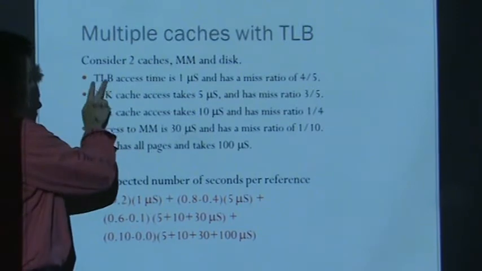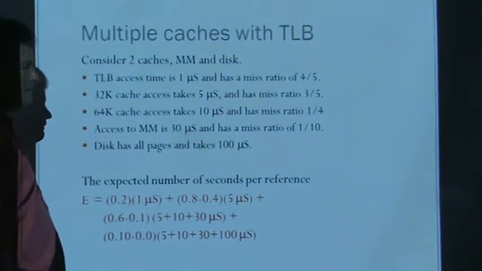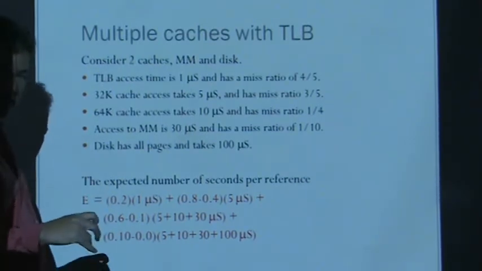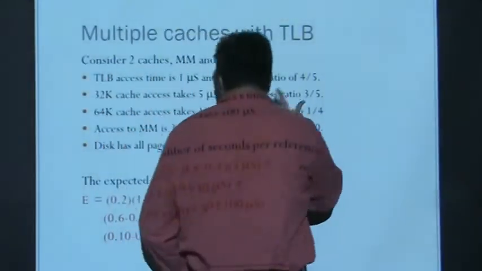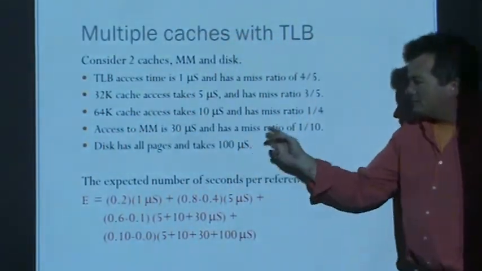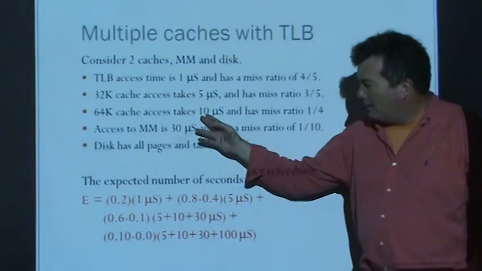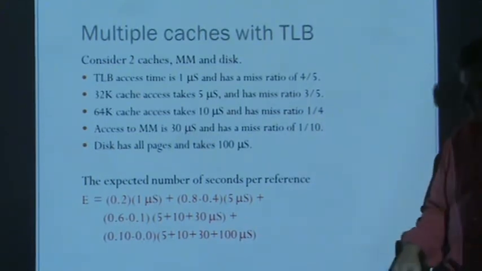So let's say the translation look-aside buffer has a miss ratio of 4/5, meaning 20% of the time what we're looking for is in it. The 32K cache takes, let's say, we're just changing the numbers now, 5 nanoseconds and misses 60% of the time. A 64K cache takes 10 nanoseconds and misses 25% of the time.